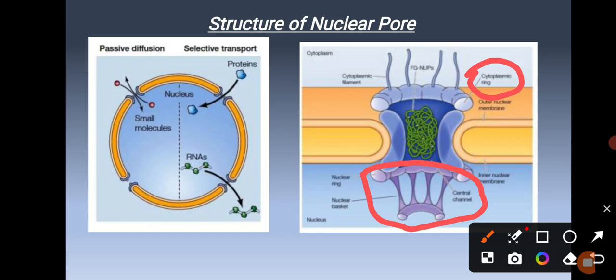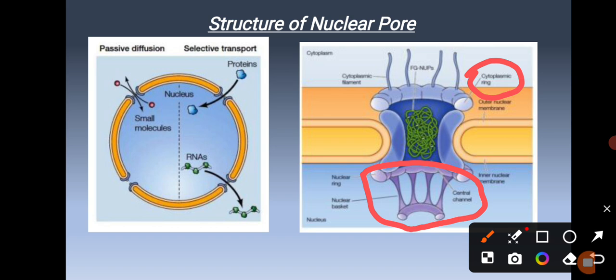So what are these? FG NUP proteins are a special group of proteins found in the central channel of the nuclear pore complex. They are rich in the amino acids phenylalanine and glycine. Phenylalanine is represented by the letter F, and glycine by the letter G, so together they form the FG NUP proteins.